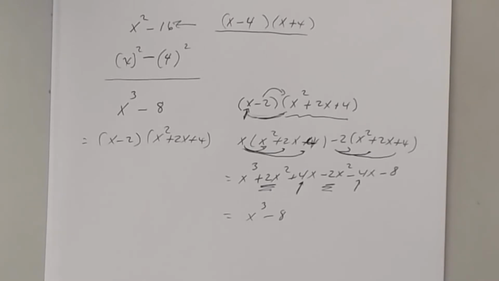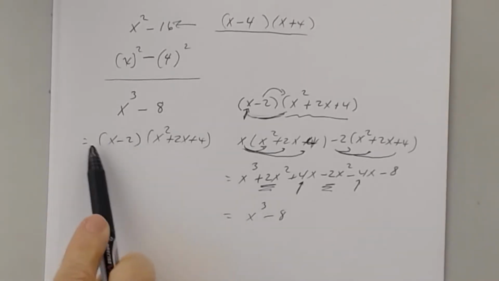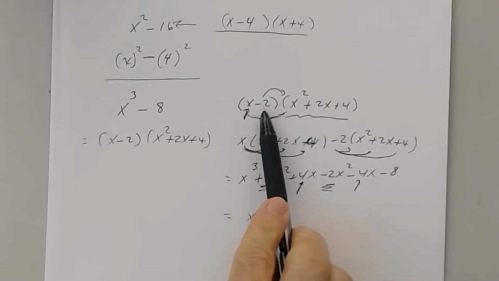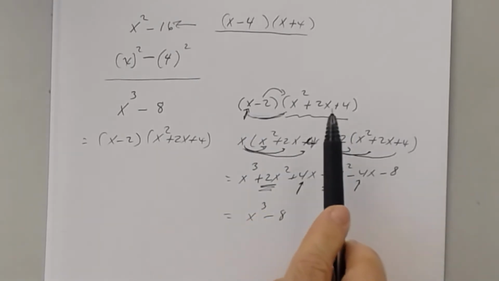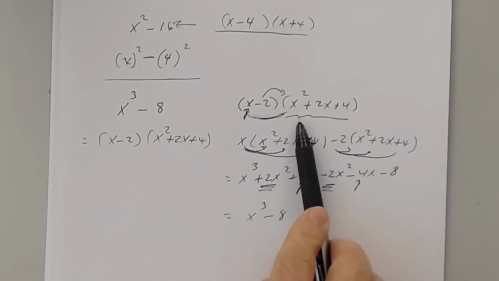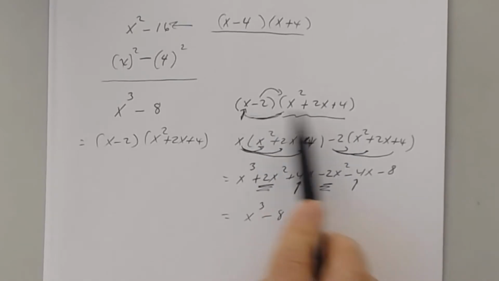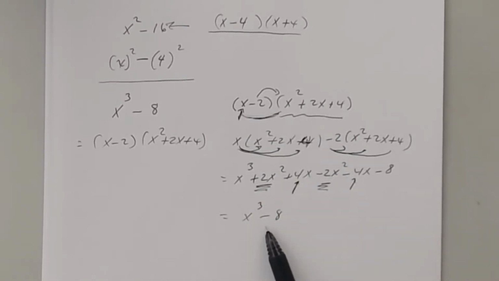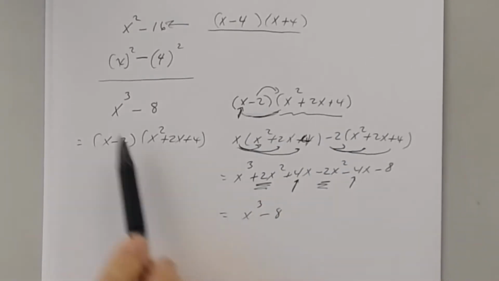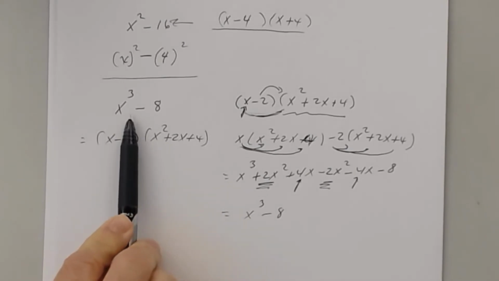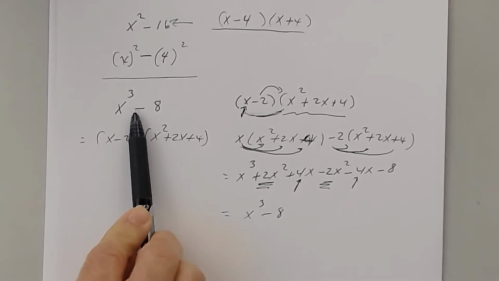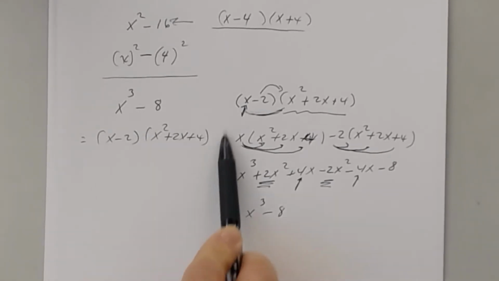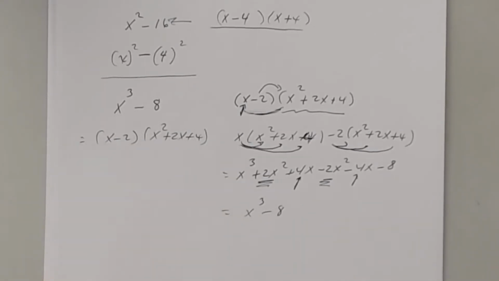But I want you to notice that when I multiplied those two factors, the first factor x minus 2, the second factor x squared plus 2x plus 4, I ended up with a binomial, which was this one. So if you're asked to factor this, this would be your answer. Now the question is, how did we get that?